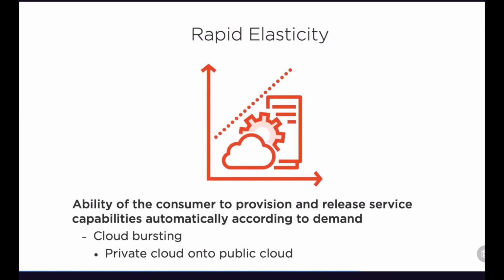Another of the advantages, of course, is rapid elasticity. Rapid elasticity refers to the ability of the consumer to be able to access or provision, but also then to release service capabilities automatically, part of this self-service, according to demand.